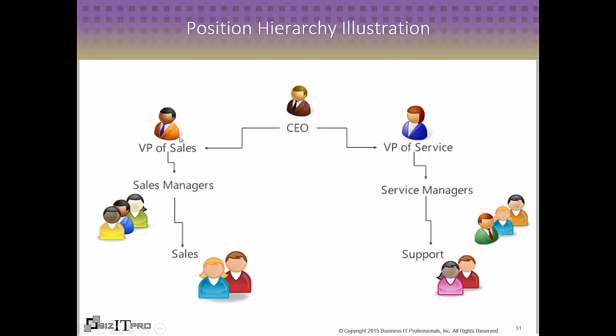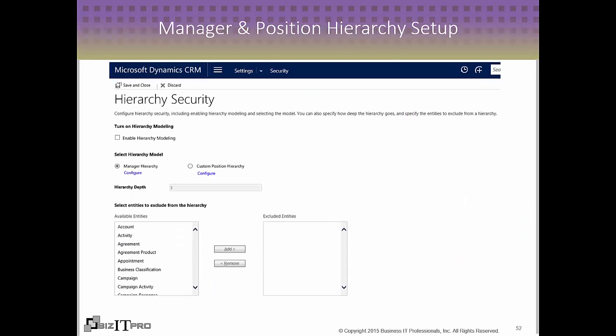The VP of Sales can access all the data of the sales managers, but has read access only to the salespeople the next layer down. Similarly, the CEO has read access to everyone's data, but only read and write access to the direct VPs in the line in the position hierarchy below him.